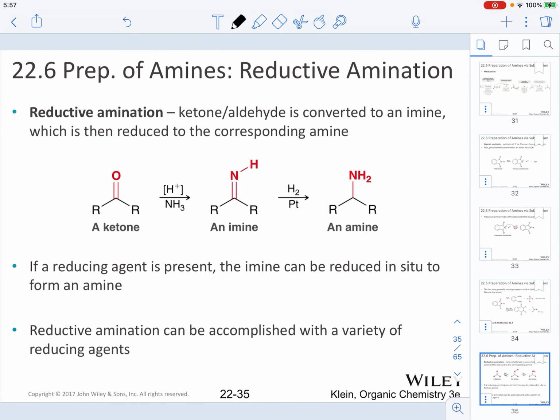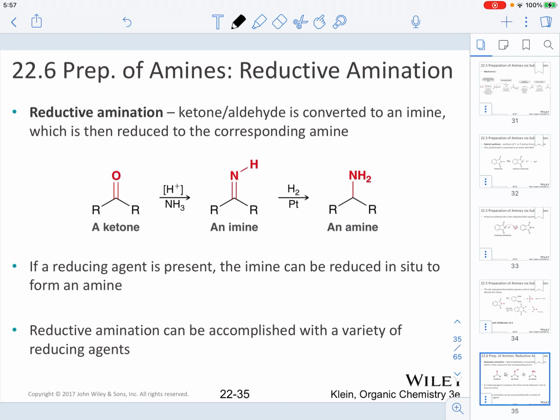Another way in which amines can be prepared is through reductive amination. In a reductive amination, we can start with an aldehyde or a ketone that is first converted to an imine. After the formation of the imine, under hydrogenation conditions, the nitrogen atom receives protons, also the carbon that is double bonded to the nitrogen, and that's how we form the amine.